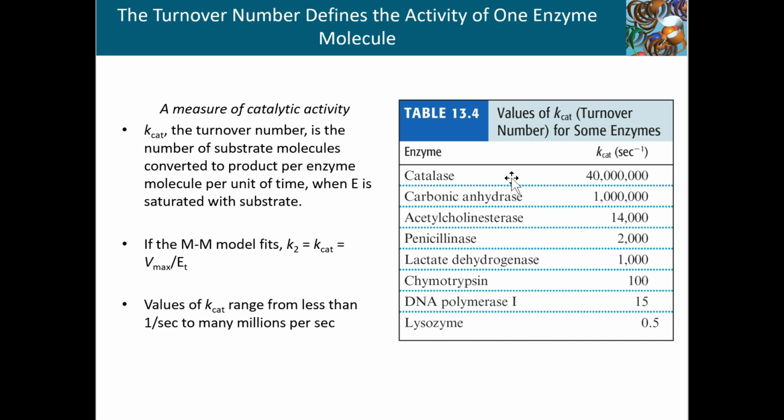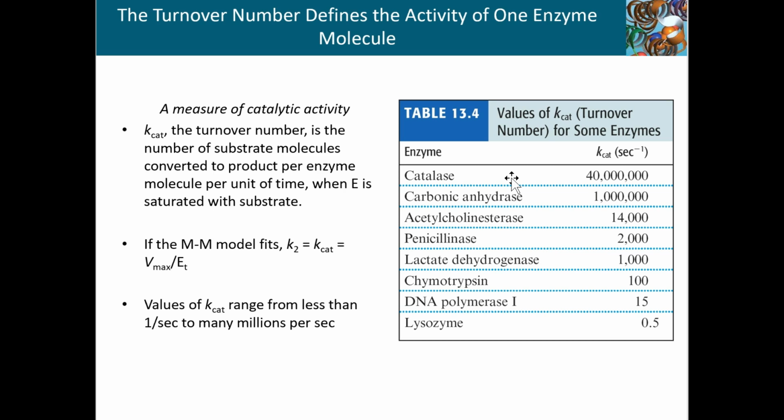It's the reason that when you put peroxide on an open wound, it bubbles, because it's taking the peroxide and breaking it down into oxygen and water to prevent it from having toxic effects on our cells. And a single enzyme of catalase can convert 40 million molecules of peroxide per second. That's a lot of peroxide radicals getting converted to oxygen and water.